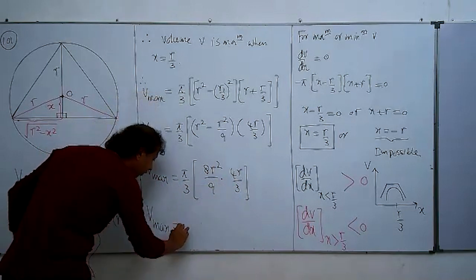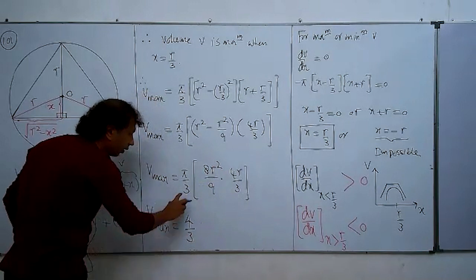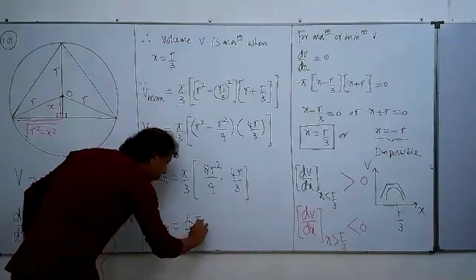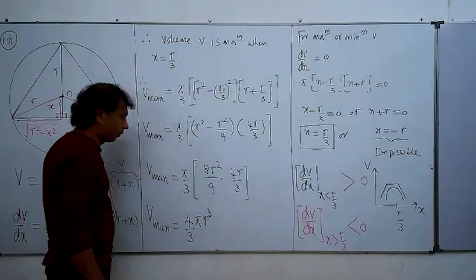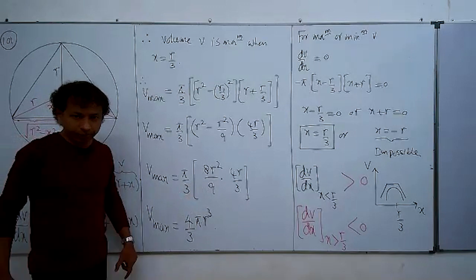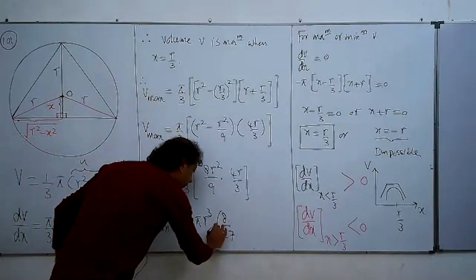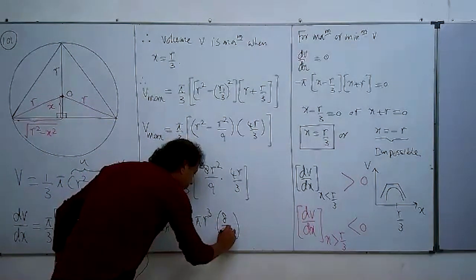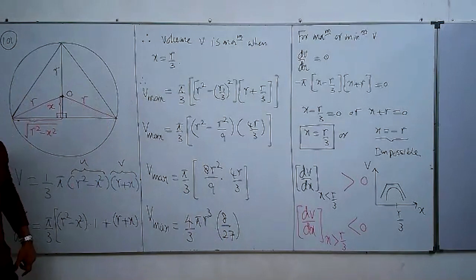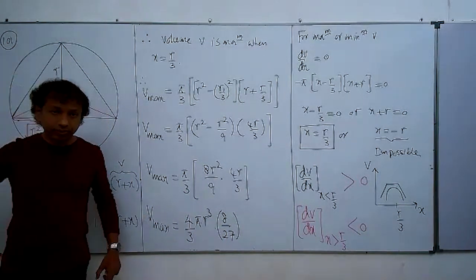Then we get 4 by 3 and r squared into r, which is r cubed. Now this 8, and 3 into 9 gives 27. I write it like this, 8 upon 27. This is the maximum volume of the cone.